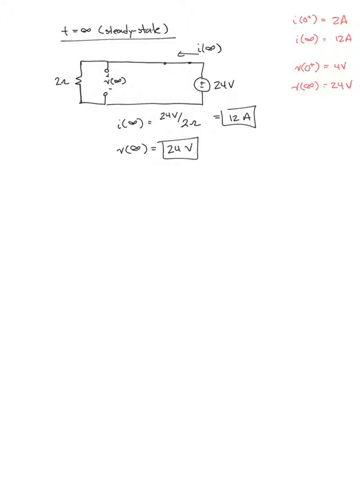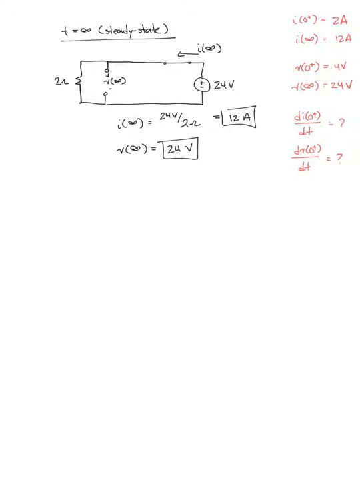And we still need to find the first derivative of I at its initial point following the switching event, as well as the first derivative of the voltage across the capacitor. So how do we do that?